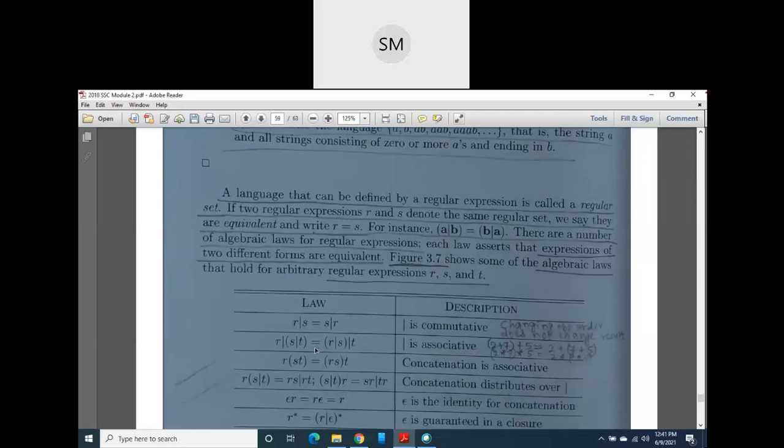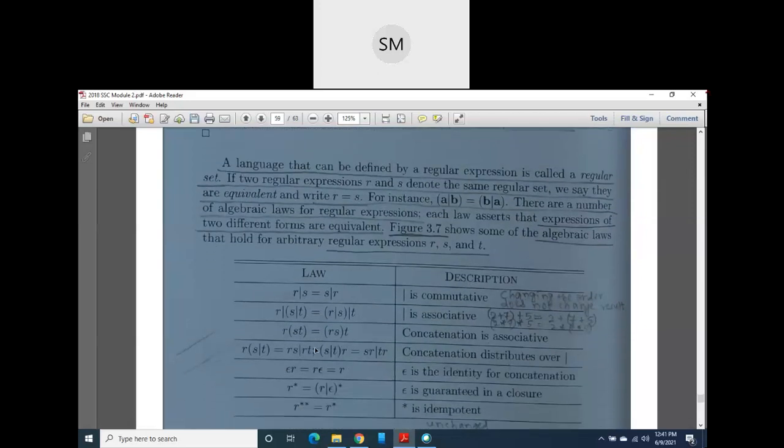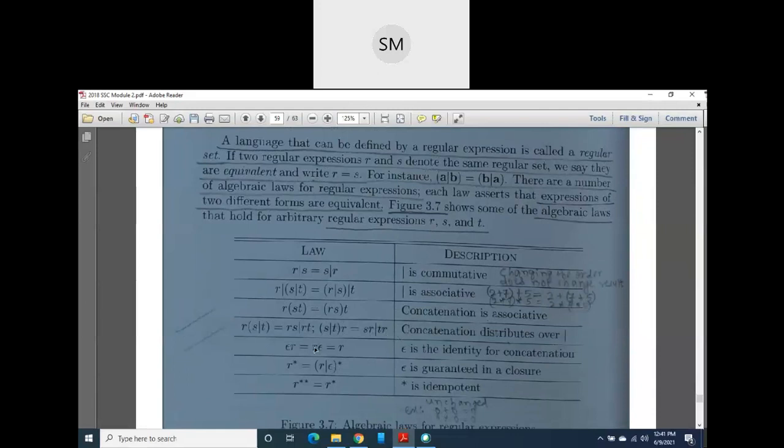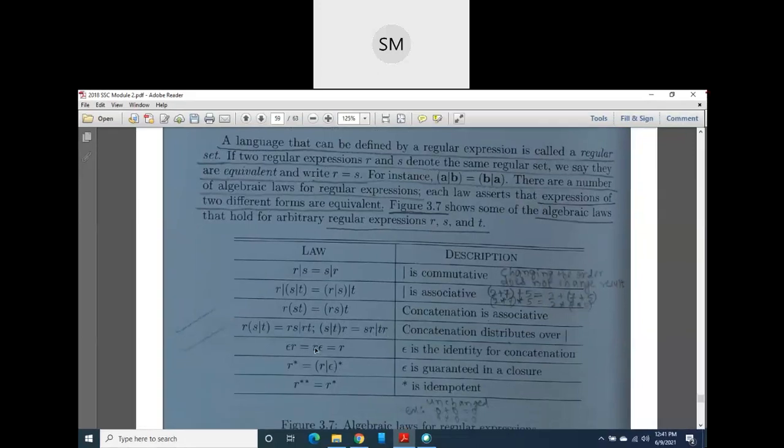So here we are going to see now some laws, okay? First, one more definition you want to see here, that is a regular set. What is that regular set? A language that can be defined by a regular expression is called a regular set. Now onwards, wherever you say language, you can call it a regular set, because I already told you regular expressions are used to represent, denote, describe, specify or define the language.